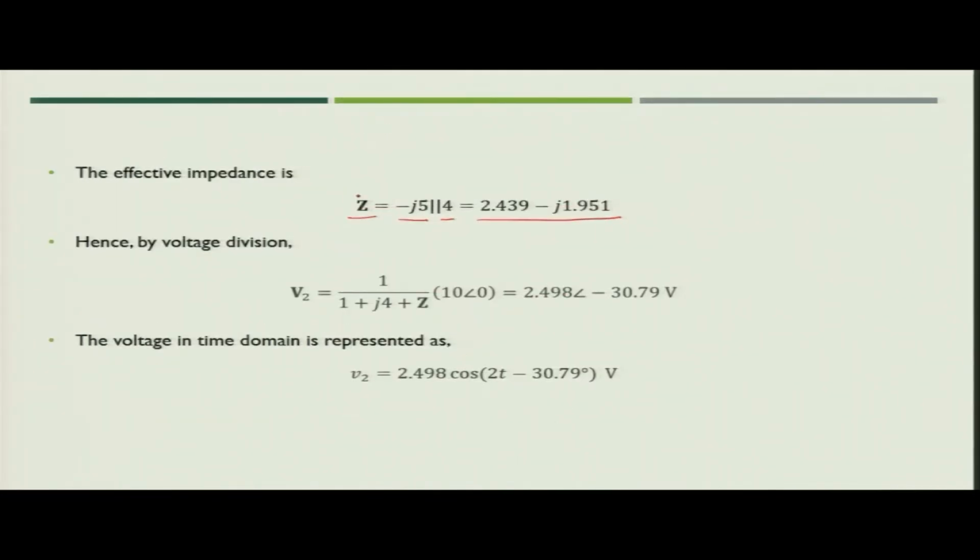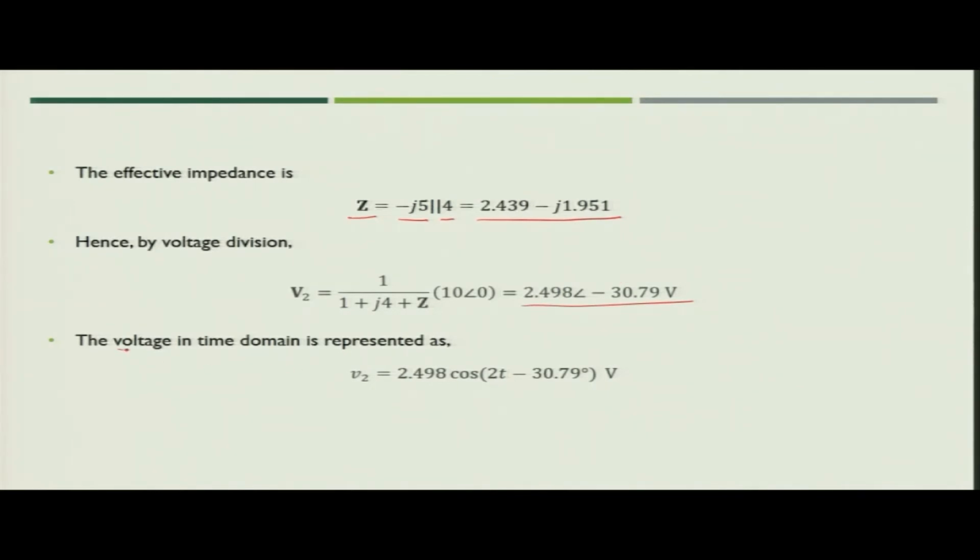So, we found the value of Z. So, we place the value of Z here and simplify, then we get the value of V2 as 2.498 angle minus 30.79 volt. Now, this you have got in phasor form.